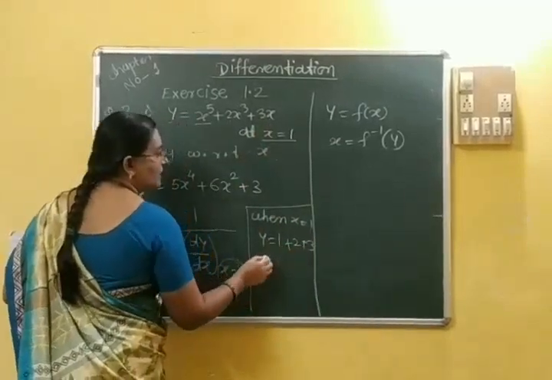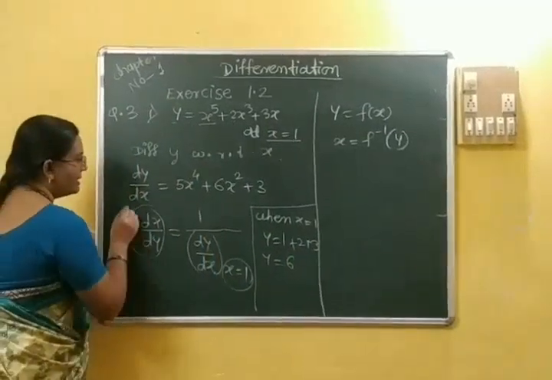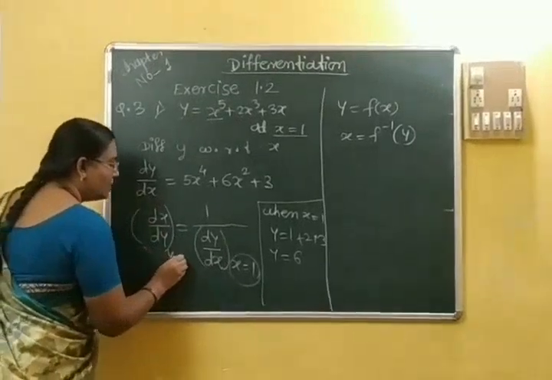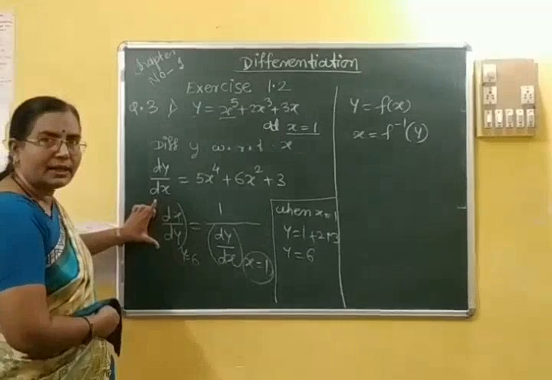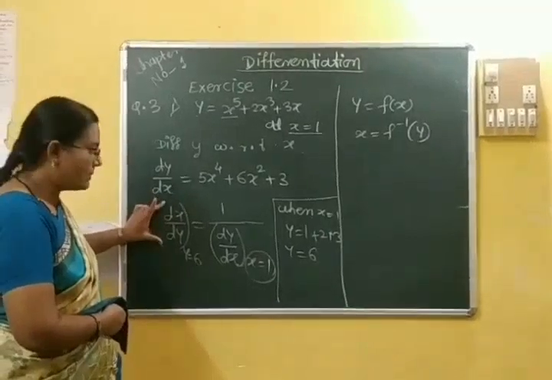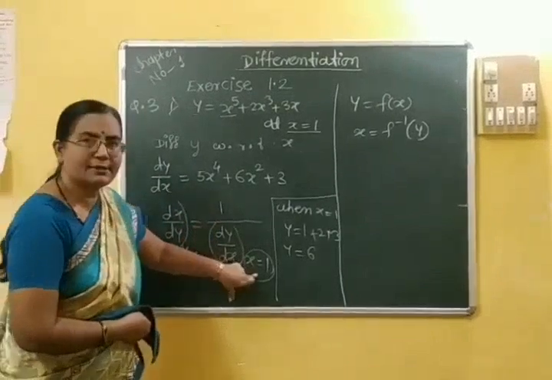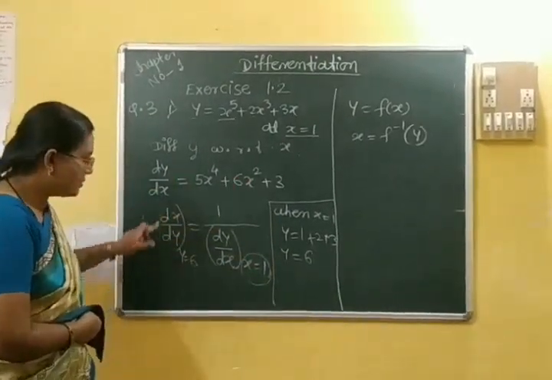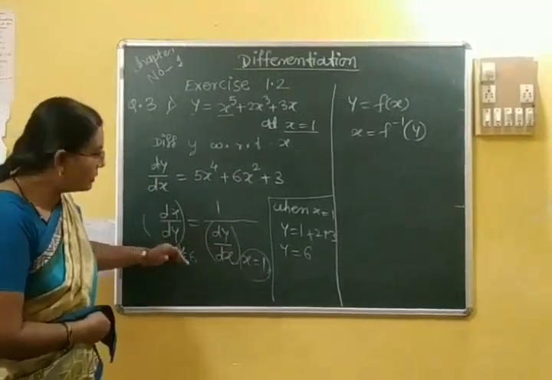So y is equal to 6. Therefore we have to write dx upon dy at y is equal to 6, which is 1 upon dy by dx at x is equal to 1. Whenever x is equal to 1, the derivative of the inverse function is taken at the point y is equal to 6.